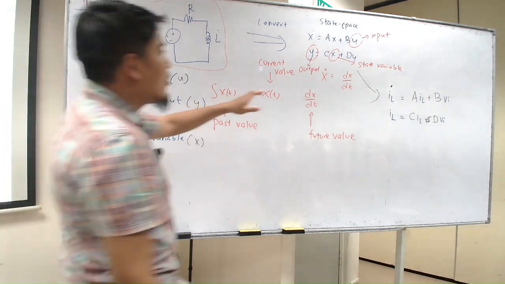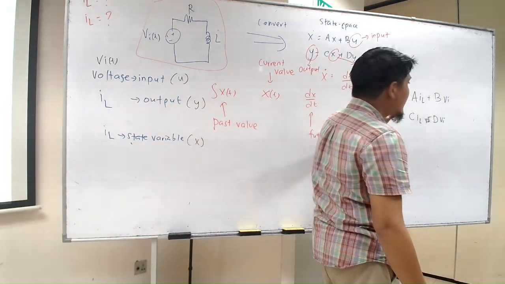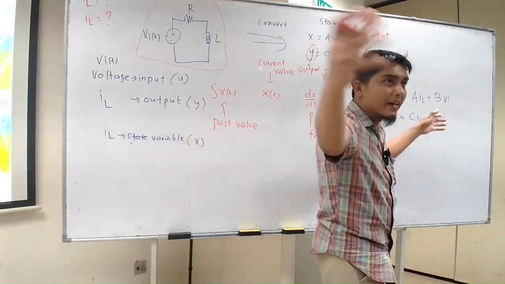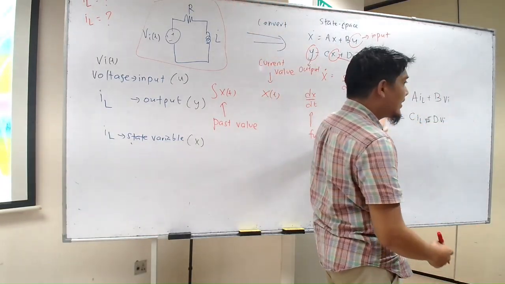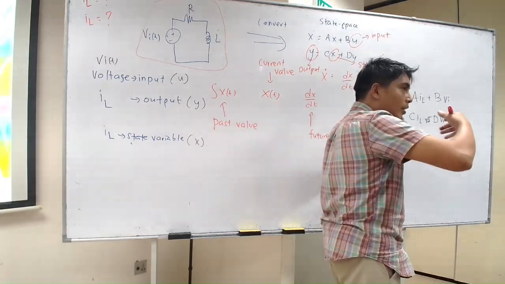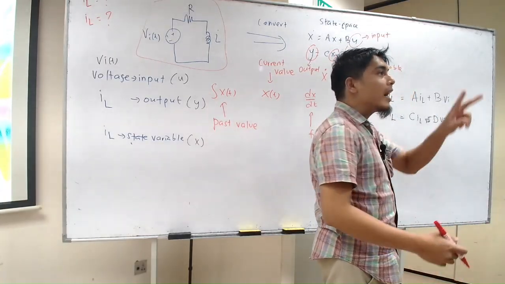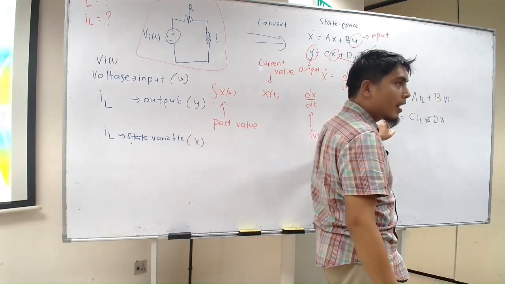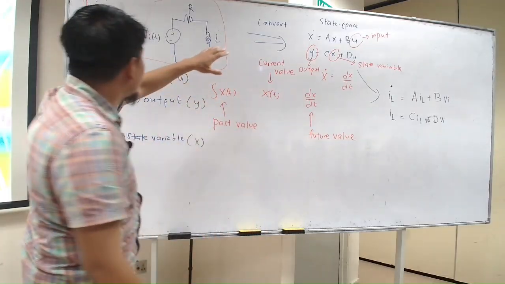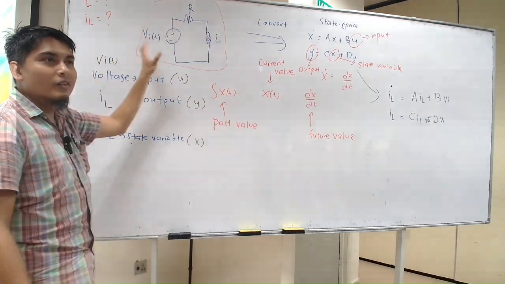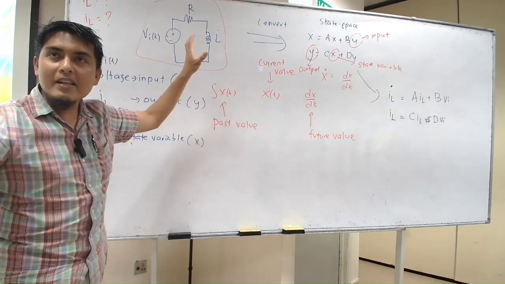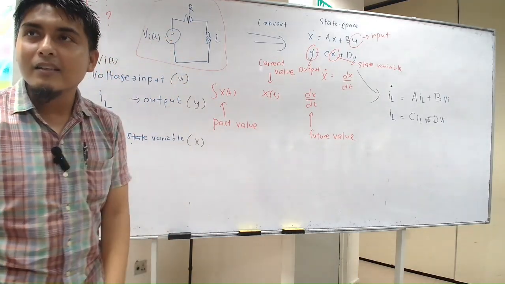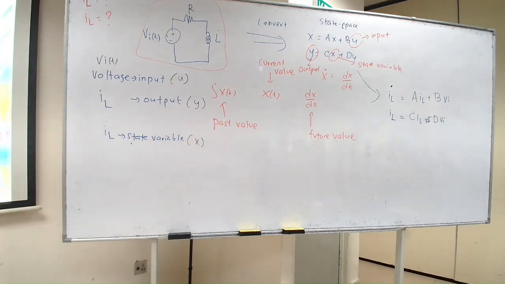Because based on the state space, the structure of your state space is IL dot equal to the rest of the equation. The second equation, IL equal to the rest of the equation. So there are two equations that you need to find, which is IL dot and IL. So it means that you must do the KVL, the KCL until you get the IL dot equation and IL equation.